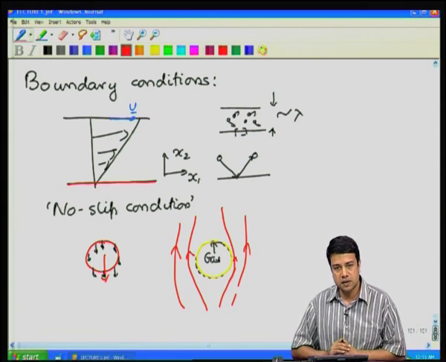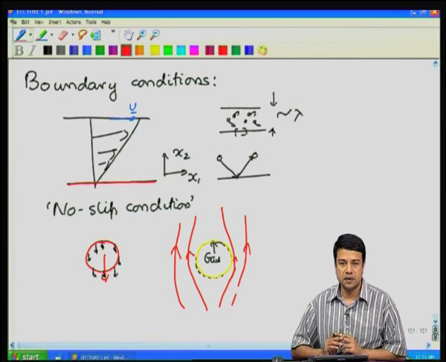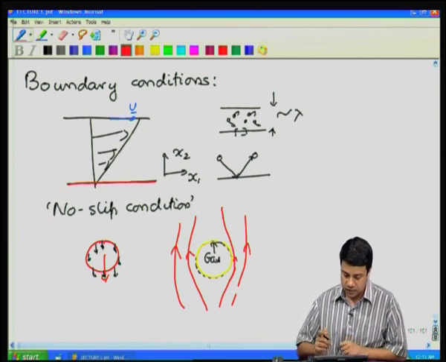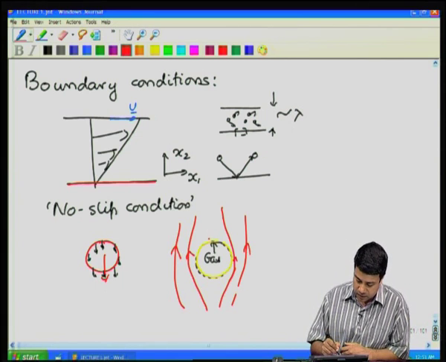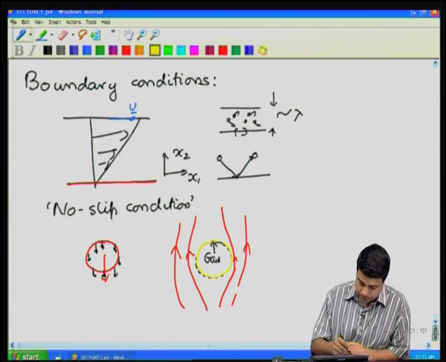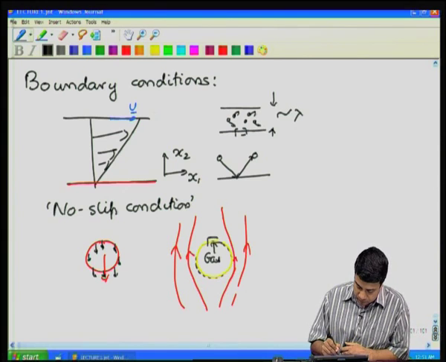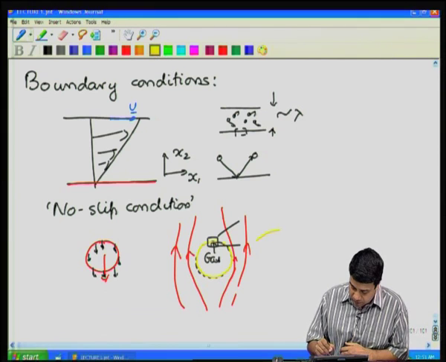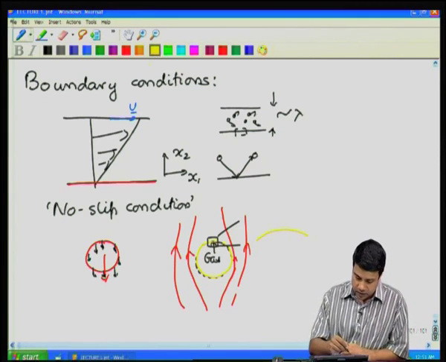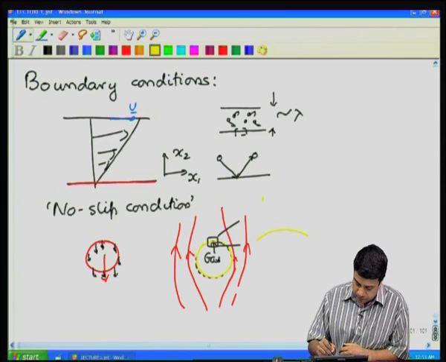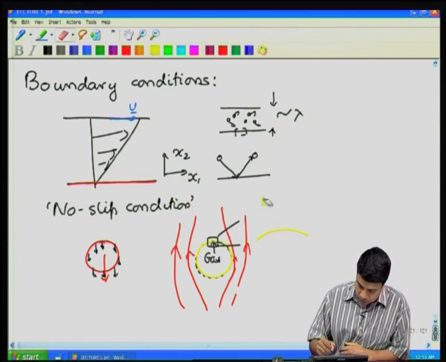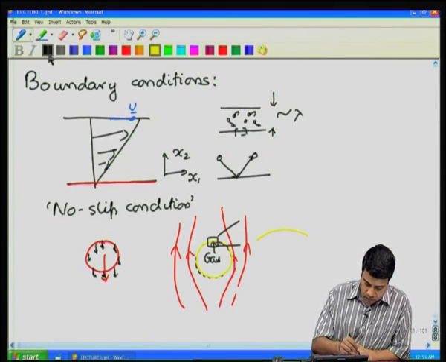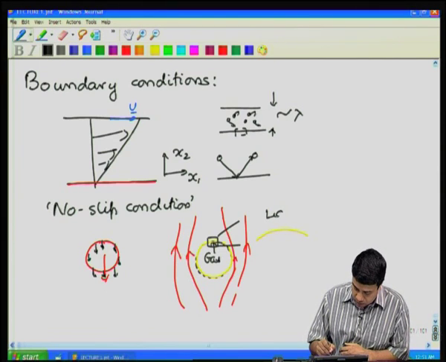Now, what are the boundary conditions at the surface of the bubble itself? Inside the bubble, there is gas. So, if I look at the bubble surface, if I expand out one of the surfaces of the bubble, I have the surface of the bubble here. On this side is liquid, and the other side is gas.